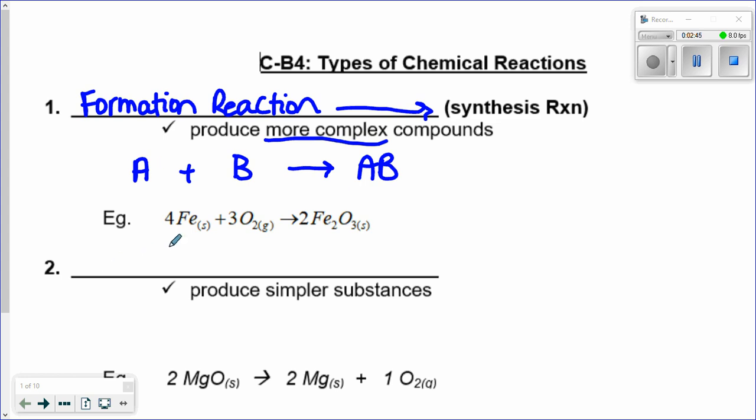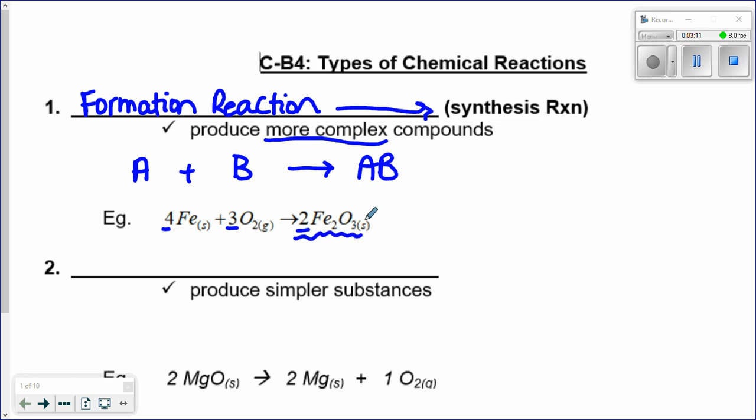An example that we have here is the formation of iron 2 oxide. That's taking solid iron in the presence of oxygen to produce iron 2 oxide. We also have a balanced reaction. They have coefficients in front, 4 iron in, 4 iron out. 6 oxygen in, 2 times 3 is 6 oxygen out. What this compound actually is, is rust.